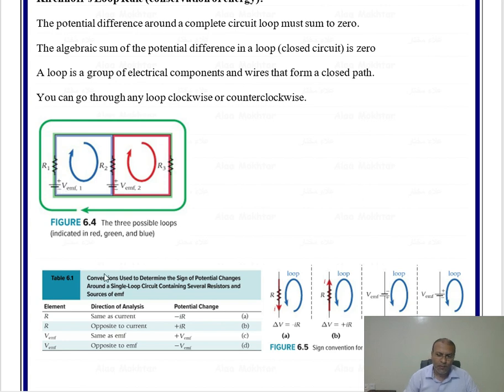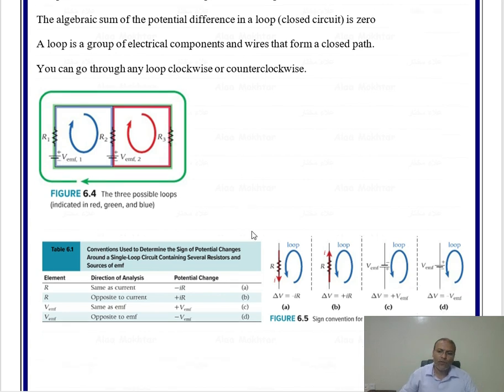We can use this table to know the sign of the potential difference for each element in the circuit. Table 6.1, the convention used to determine the sign of potential changes around a single loop circuit containing several resistors and sources of EMF. If we have a resistor R, and the current flows in this resistor from left to right, the positive terminal is on this side, the negative terminal on this side.